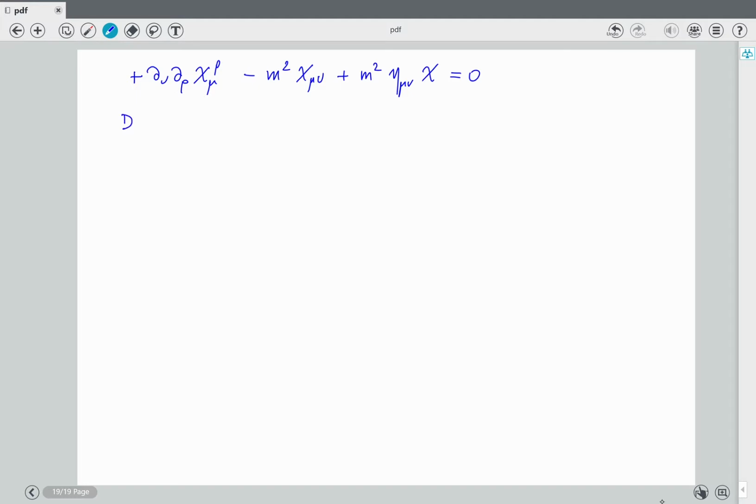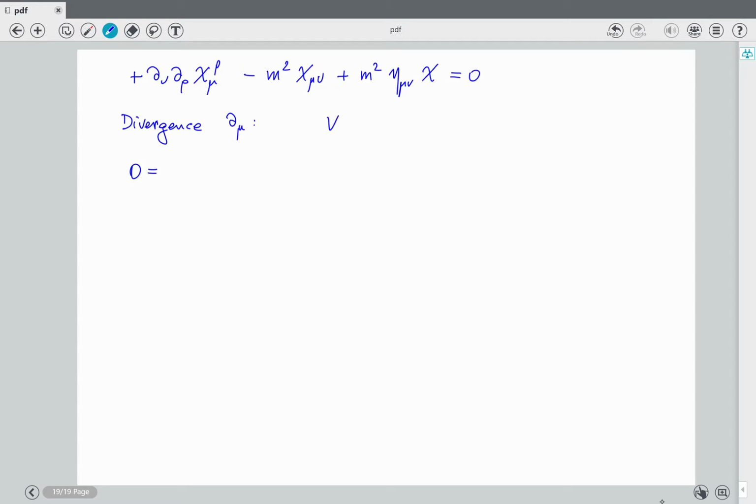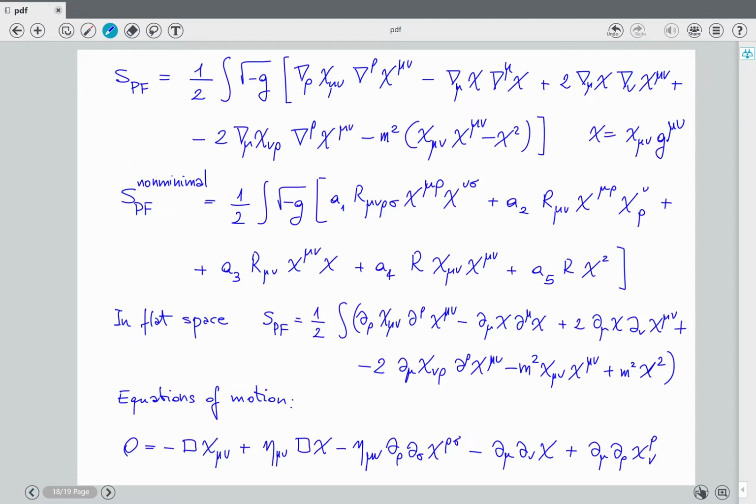Let's take the divergence. Divergence gives 0 equals. Let us define V mu as the divergence of chi, because we meet it frequently now.